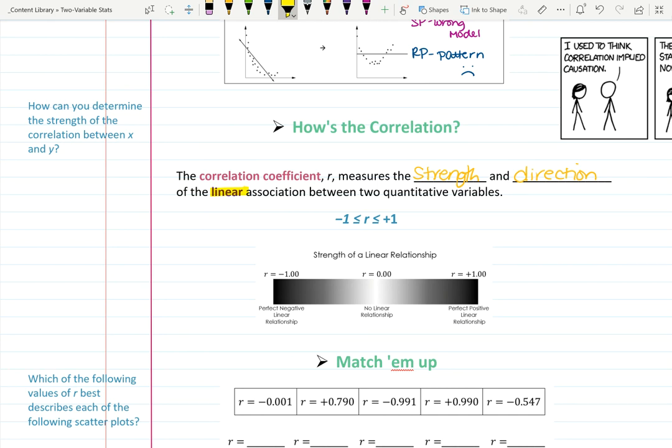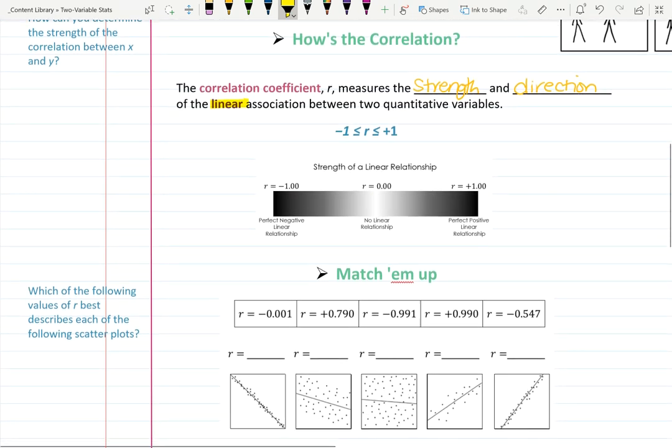You're not paying attention to quadratics or exponentials. Correlation, we just look at something linear. We look at how the x affects the y. Is there a strong or a weak correlation? This correlation coefficient is going to be somewhere between -1 and +1.